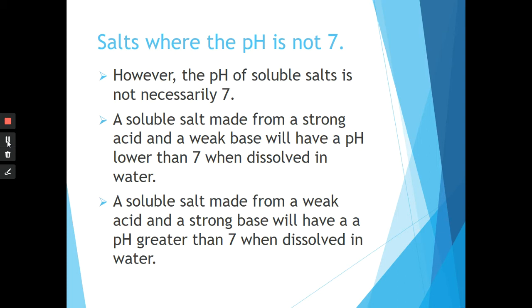Therefore, we'll have excess hydroxide ions and the pH will be greater than 7. Okay? Yes, the equilibrium will mean that the ethanoic acid continues to break down, but at the point that we take the pH, there will still be molecules of ethanoic acid for the alkaline solution. Okay.